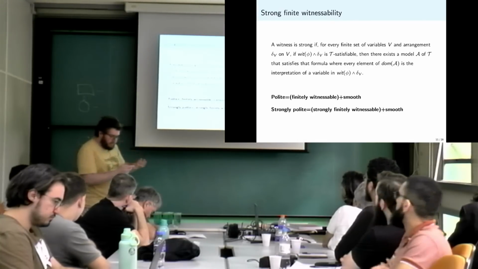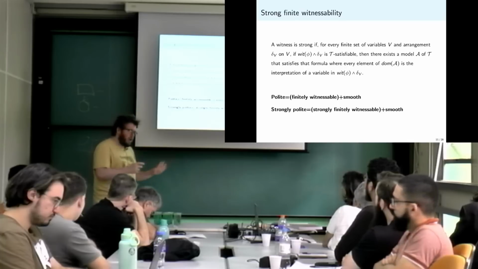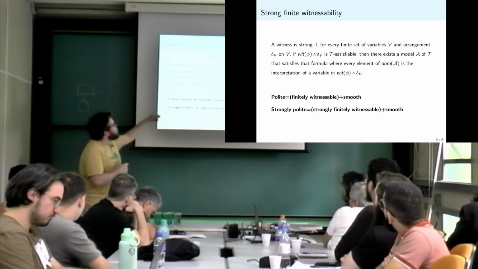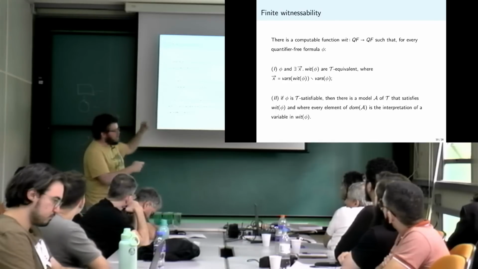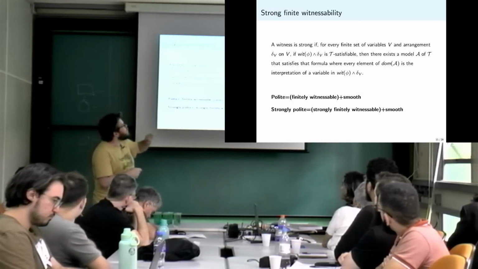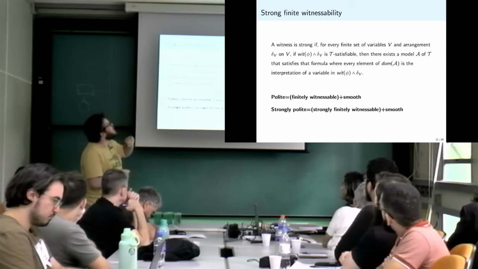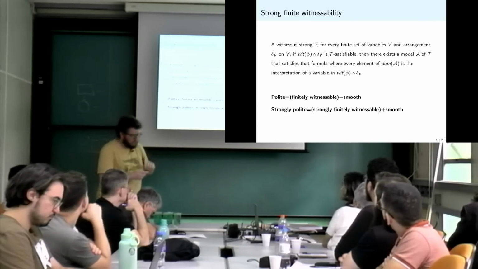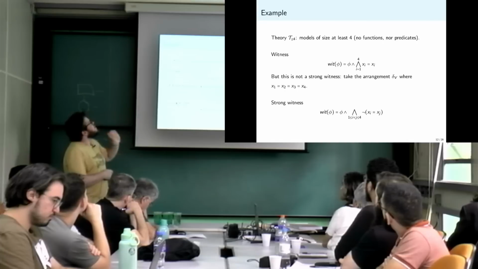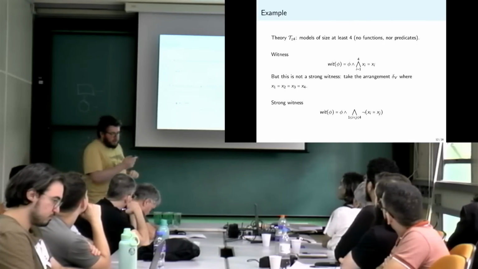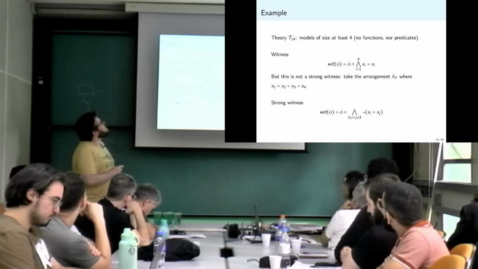This sounds simple, but it's not. Well, politeness is just finite witnessability plus smoothness, and strong politeness is strong finite witnessability plus smoothness, just to mention.